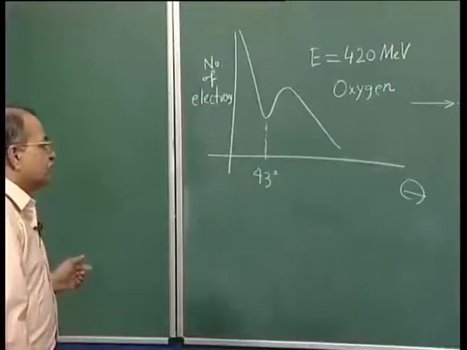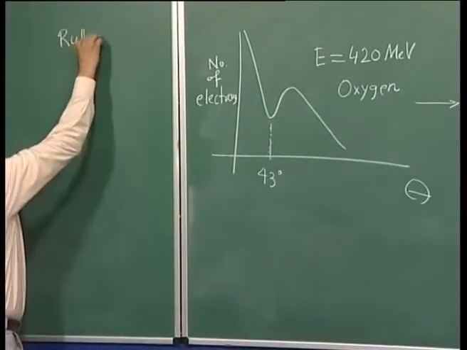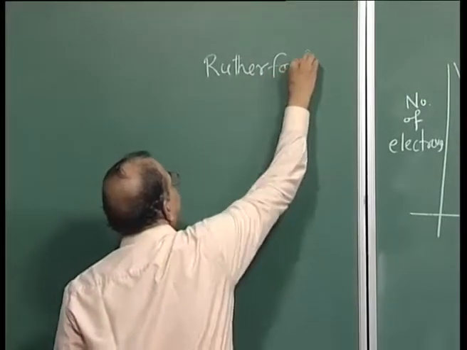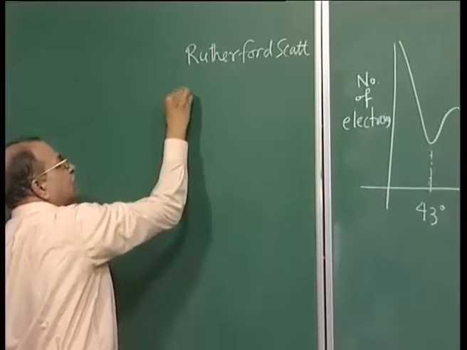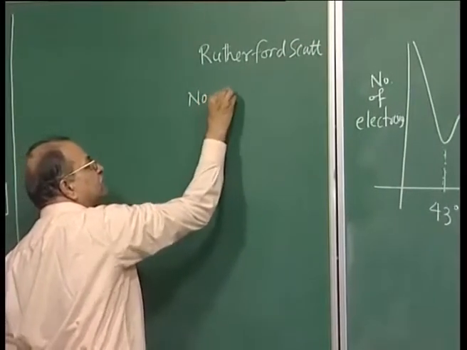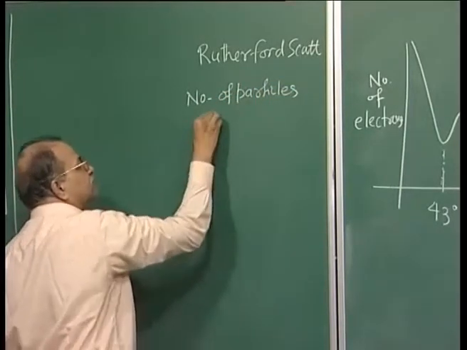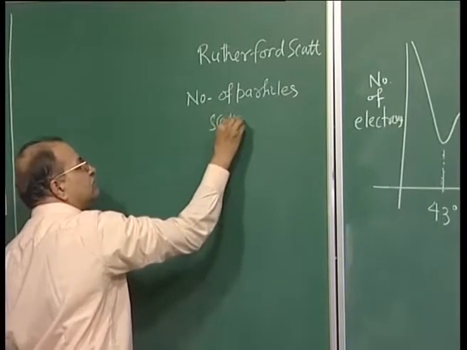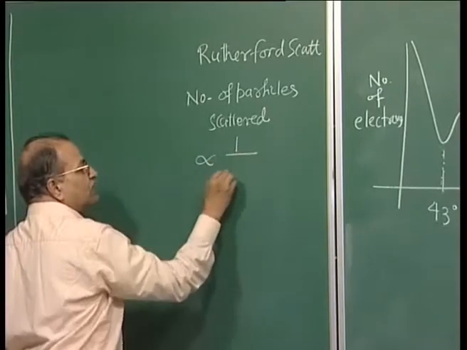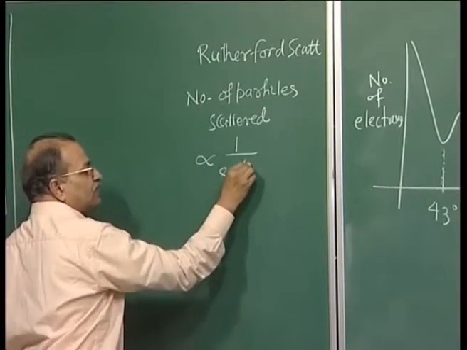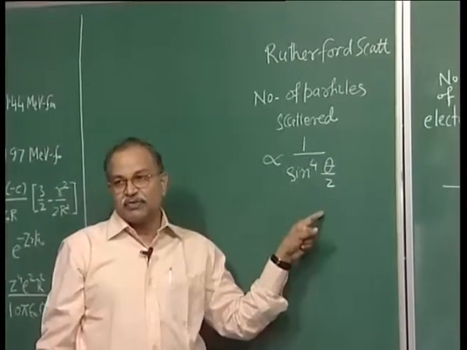If you remember, in what we call Rutherford scattering, the number of particles scattered is proportional to 1 over sine to the power 4 theta by 2, and to many other things, but the theta dependence goes like this.